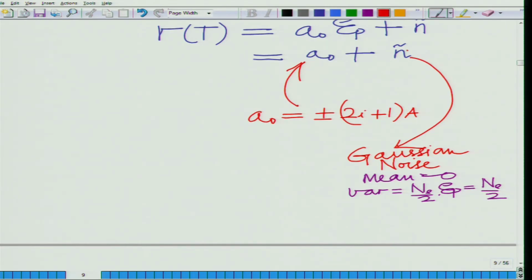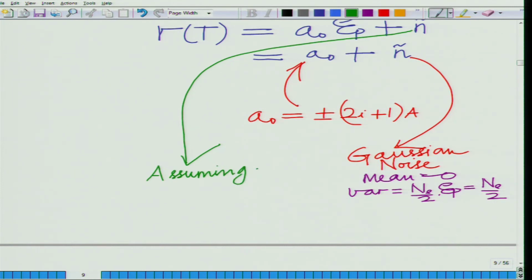And of course, we are assuming that the input noise process is Gaussian, wide sense stationary, zero mean.